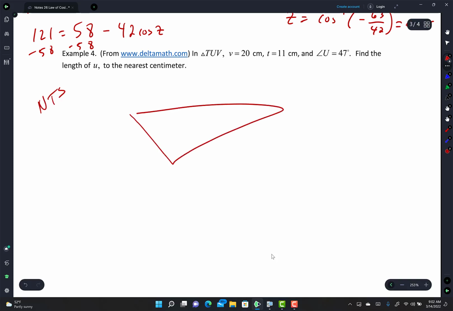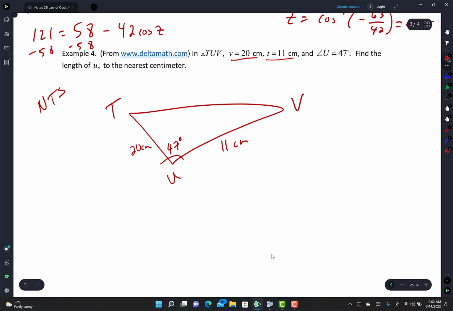Here's my triangle. I like to label them T, U, V. So they gave me little v, so little v is 20, so I'm going to put the 20 right here. They gave me little t, so here's angle T, so this is little t, 11 centimeters. Make sure we're able to put those in there. And this is 47 degrees.